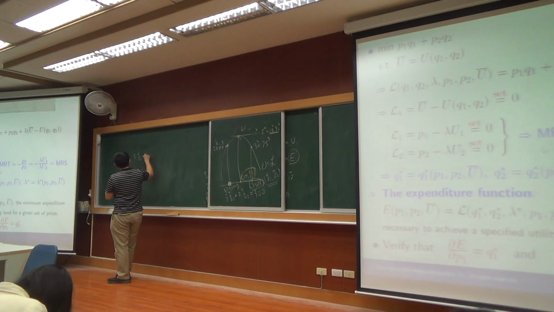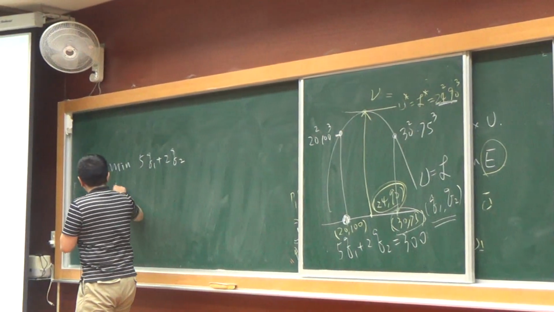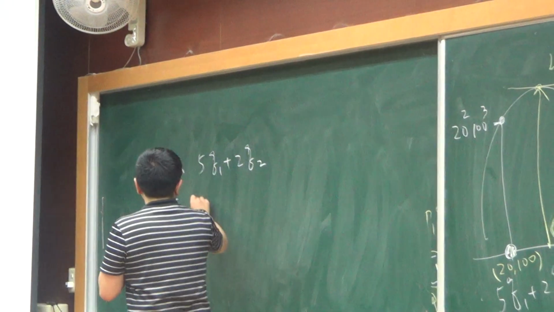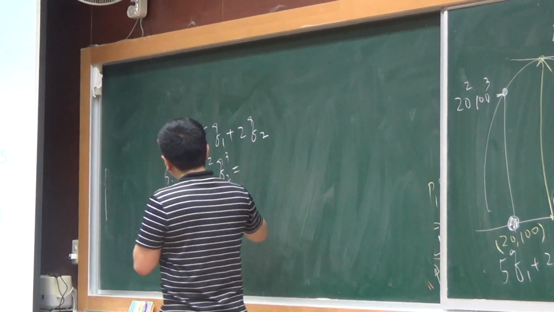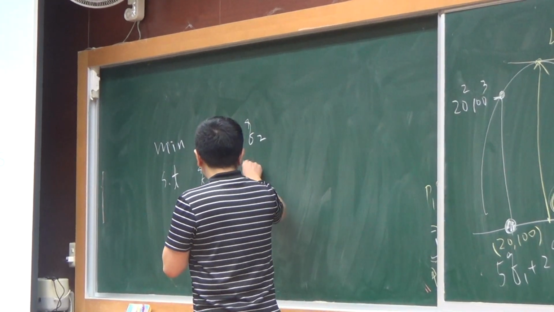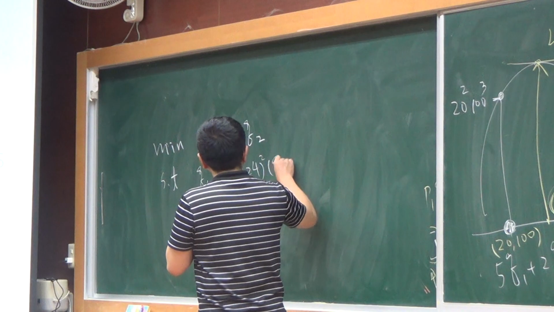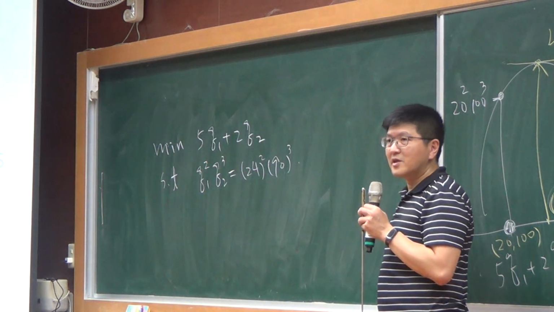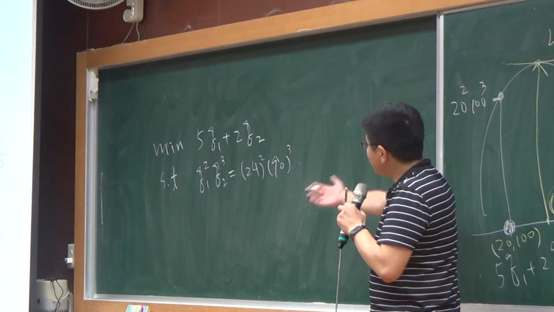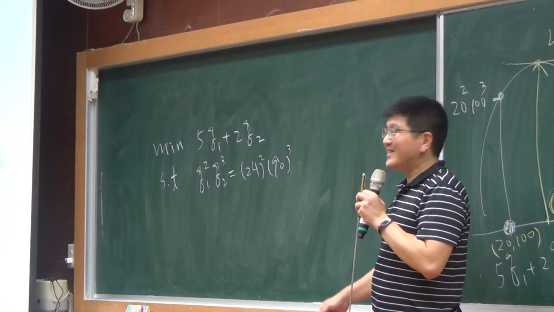Okay, now we want to minimize 5Q1 plus 2Q2 subject to Q1 squared Q2 cubed equals, what is that? 24 squared 90 cubed. You don't see $300, right? You don't see that.